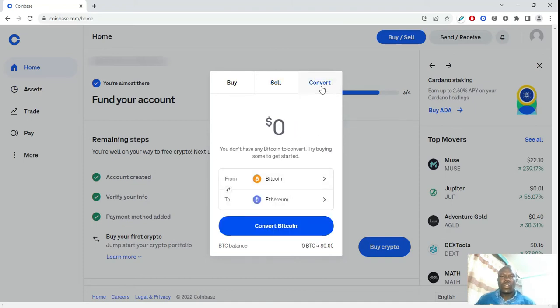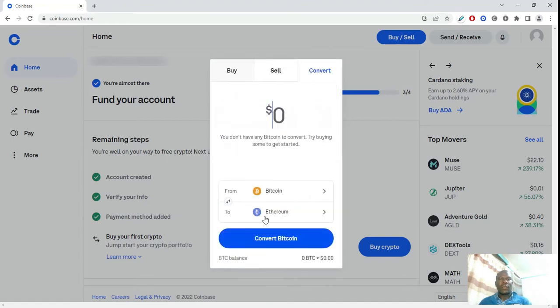So sometimes you want to convert from one crypto to the other. Let's take, for example, you have Bitcoin and you want to convert all the Bitcoin to Ethereum. So what you do here, you just choose from Bitcoin to Ethereum. This will be the currency that you have, and this is what you want to convert into.